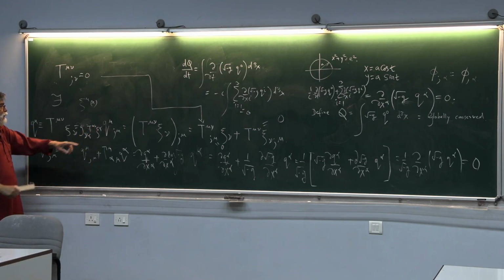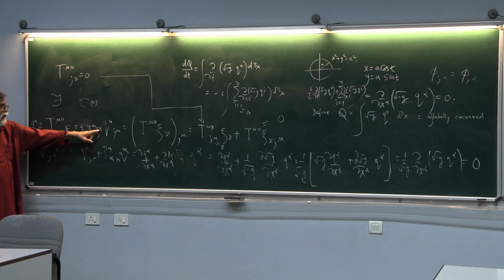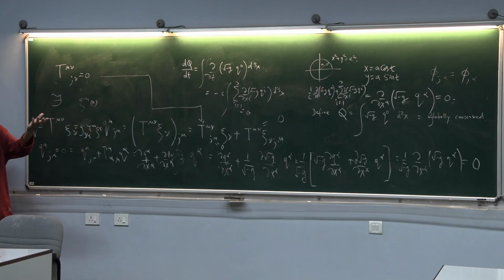If it is time-like, only the alpha equal to 0 component will survive, so you will have g nu 0 T mu nu. That quantity, when you integrate over space with root minus g, is a conserved quantity. So only when you have Killing vectors can you construct a globally conserved quantity from T mu nu.